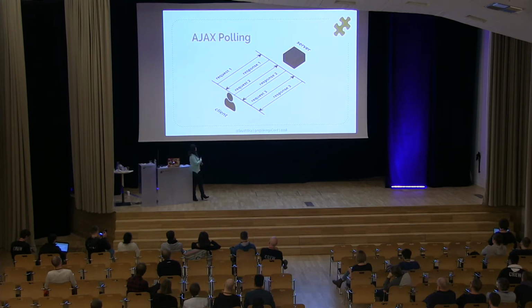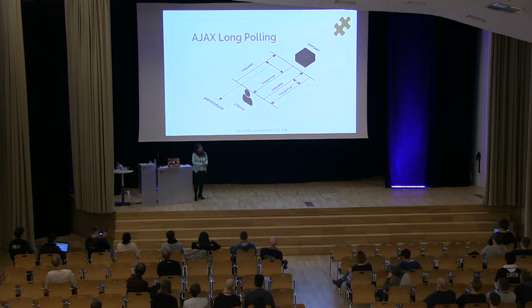So what we do next is a better way of AJAX polling, which is AJAX long polling. It is again the request and response done repeatedly, but the only difference is that after you send the request to the server, you keep the connection open a little longer compared to the general request and response paradigm. You ask the server, hey, do you have any new location data?